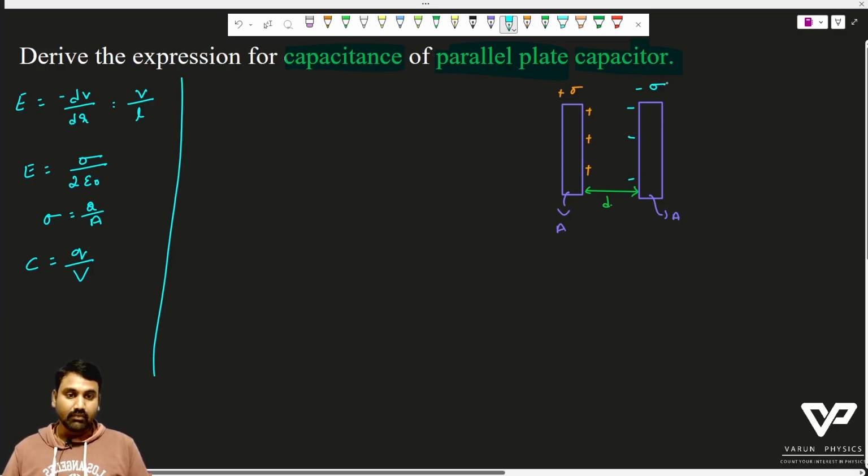These are the basics. This is the figure construction.